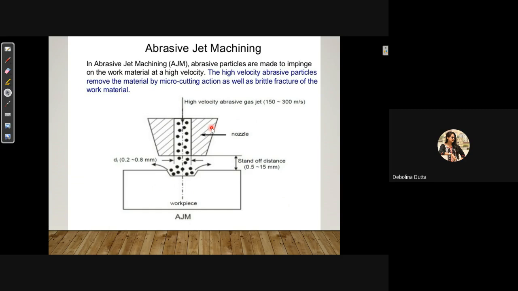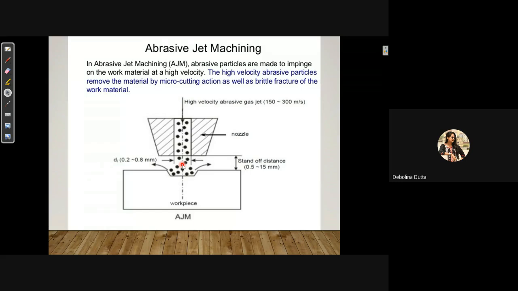Please understand that when I'm talking about abrasive jet machining, the material removal is taking place through the concentrated high velocity stream of grit. These black particles that you see, each one of these particles is called a grit, G-R-I-T. Okay, grit abrasive. One particular particle is known as grit.